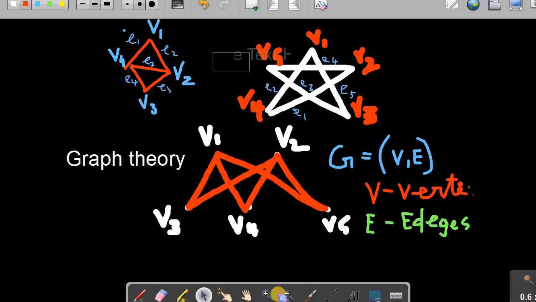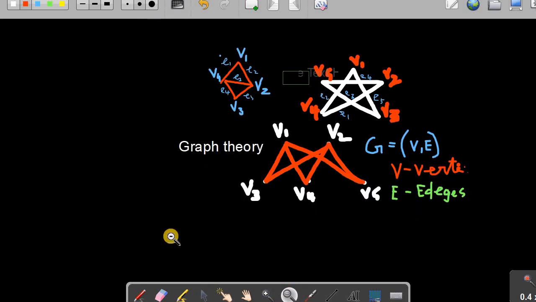To sum up, what I would like to say is that a graph is nothing but a picture consisting of vertices and edges. So this is one graph, I can call it G1.